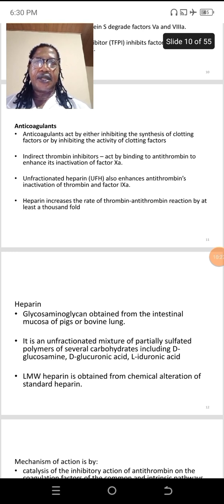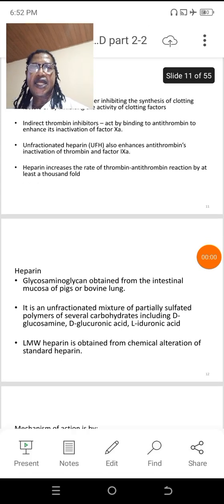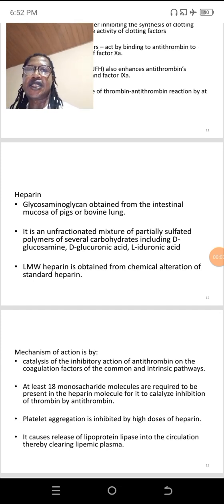Unfractionated heparin also enhances antithrombin's inactivation of thrombin and factor 10A. Heparin increases the rate of thrombin-antithrombin reaction by at least 1,000-fold. Heparin is a glycosaminoglycan that is found in the secretory granules of mast cells.